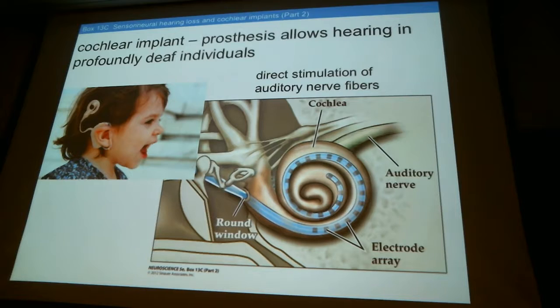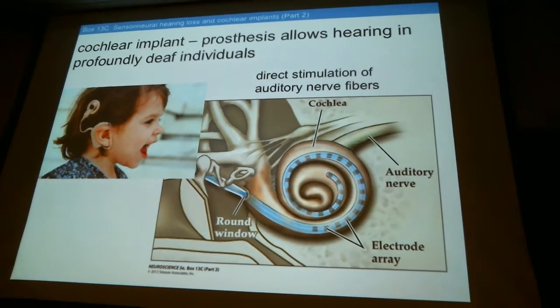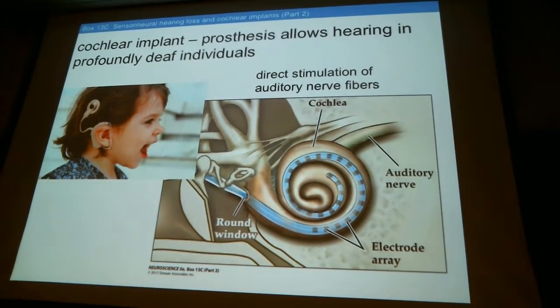In this case, they can get this prosthesis. This is really the future of neuroprosthesis, and now it's sort of normal to everybody, right? You've probably all met somebody who has a cochlear implant.